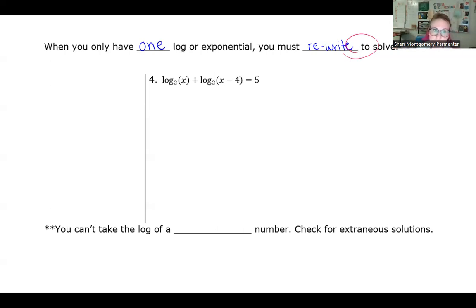So we definitely need to make sure that we condense. And the reason why we do that is because they're on the same side. Okay, two logs on the same side, you condense.